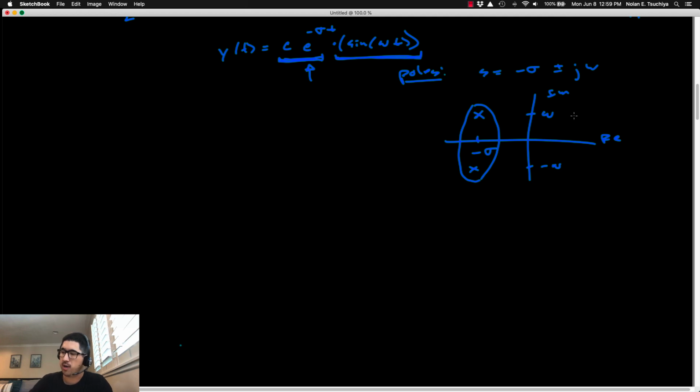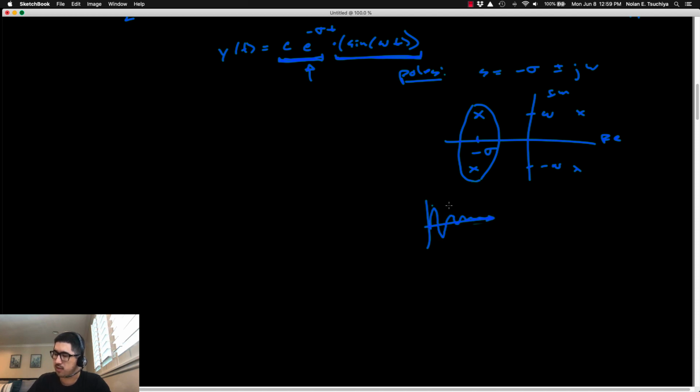So in the same way that we looked at for the first example, if you look at a pair of poles where, right, this implies that sigma itself is greater than 0 because a pole is at negative sigma. You have a scenario where the impulse response is going to look like this.